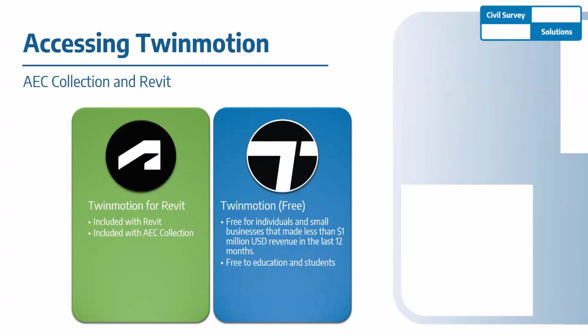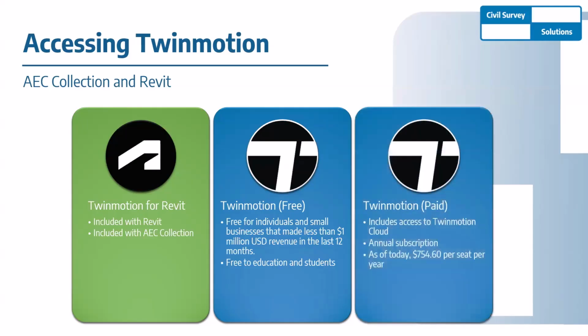If we look at their website, it's free for individuals and small businesses with less than $1 million USD revenue, free to education students. In terms of the paid version, it's not terribly expensive. I can't confirm if that's USD or Australian dollars, but that's sort of the price per seat per year if you run a business over $1 million. So that's sort of how you get access to Twinmotion.